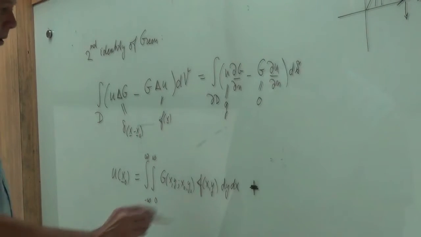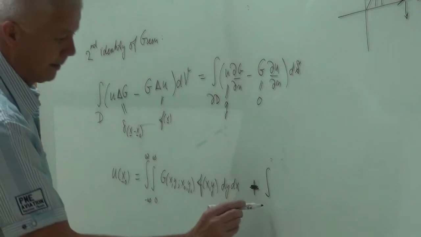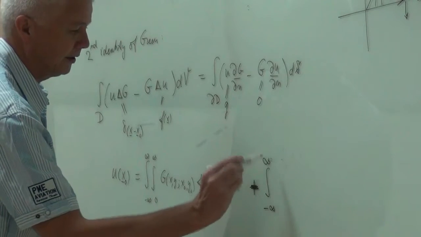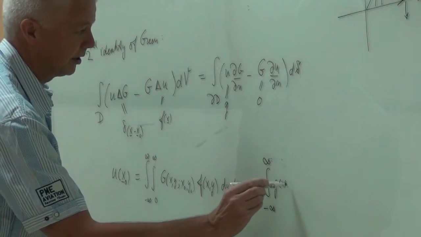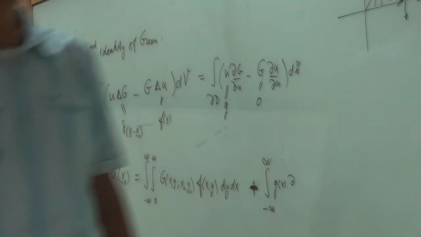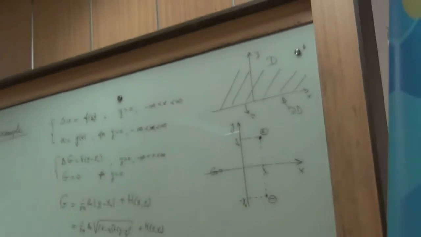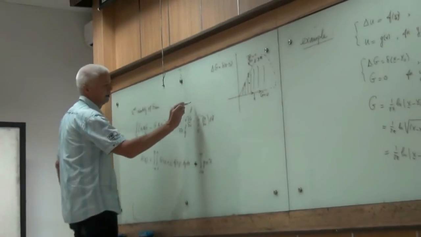And then we have here a plus the integral from minus infinity to plus infinity of g(x) times dg/dn, and n is downward. You agree?